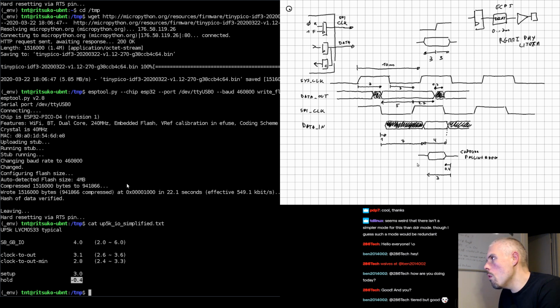Because on my drawing it might work, but my drawing isn't to scale, so we actually need to check using the actual number. So here we have 3 nanoseconds, then we have 7 nanoseconds, so that's 10, right, from here to here.